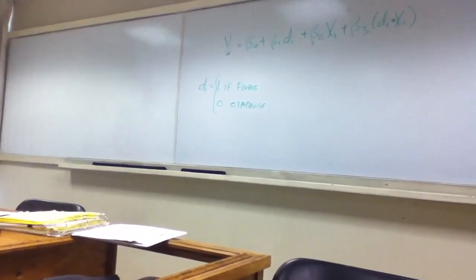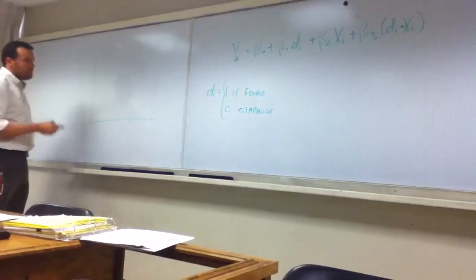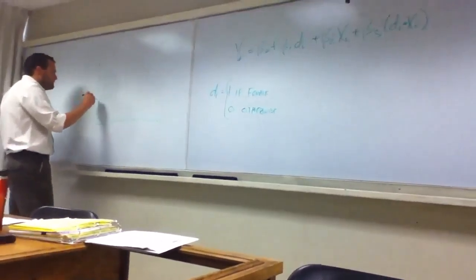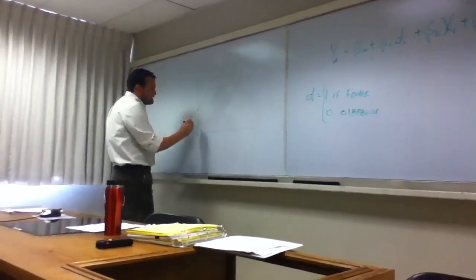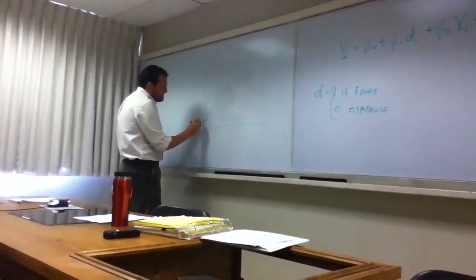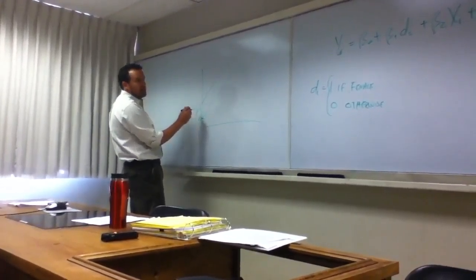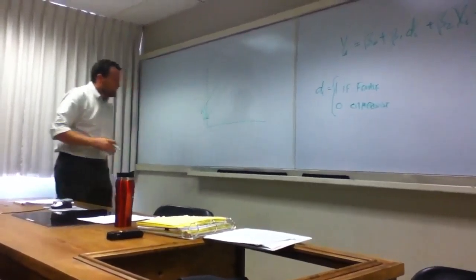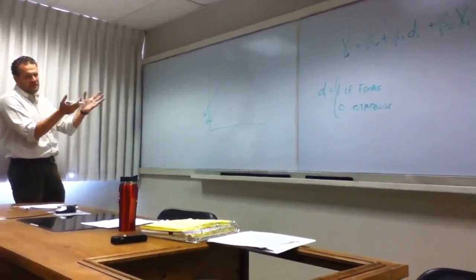If we ignore beta 3, we basically have two parallel lines, where this is beta 0, and this gap here is beta 1. So beta 1 shifts up the line. In this scenario, both slopes would be the same.